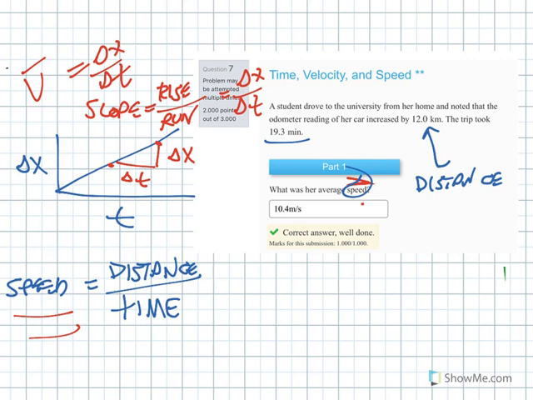Speed is distance over time. So in this problem, okay, that's easy. The distance was 12 kilometers, and the time was 19.3 minutes.